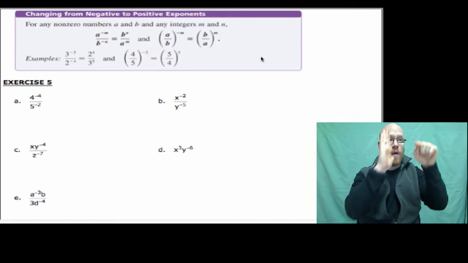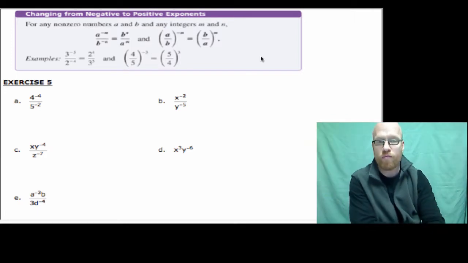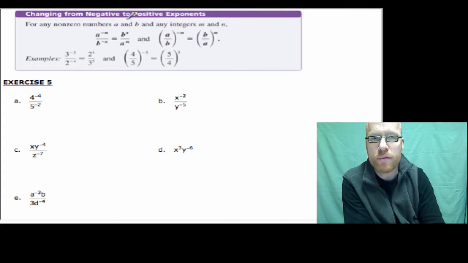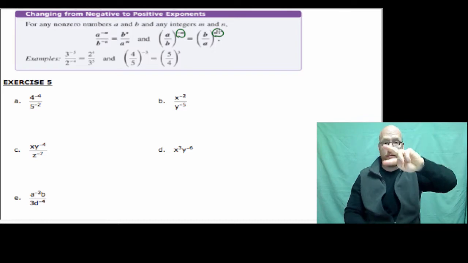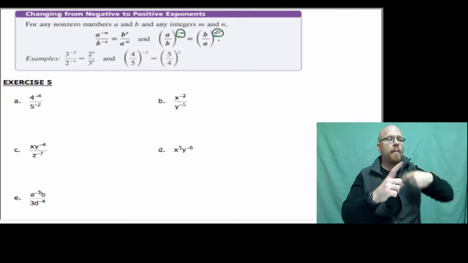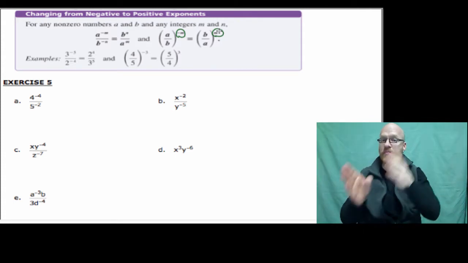If you have a negative exponent, what do you do? If everything's raised to a negative exponent, what do you do? If we have a over b raised to the negative m, we can take the reciprocal, b over a, and raise that to the positive m.